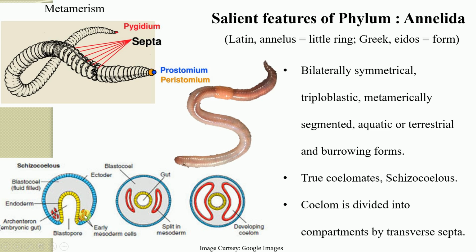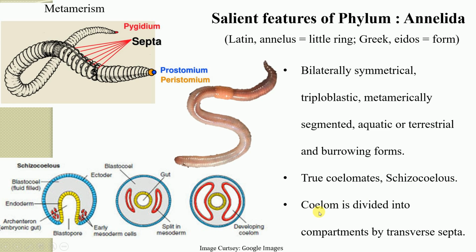But before that, early mesodermal cells get separated and split, first forming a sac, and then through this splitting of cells at early development, they develop a coelom. Such a coelom, if it originates in the organism, we call a schizocoelous coelom.